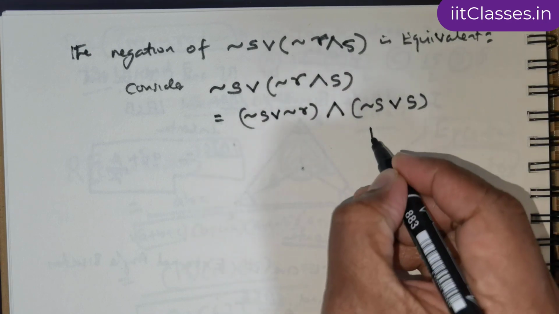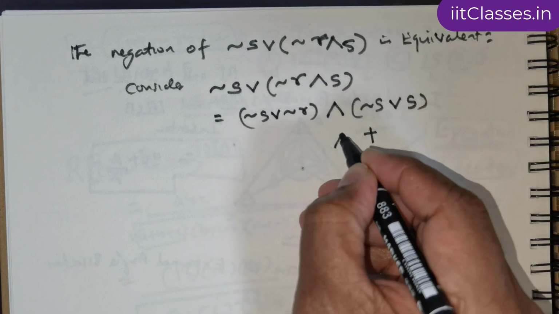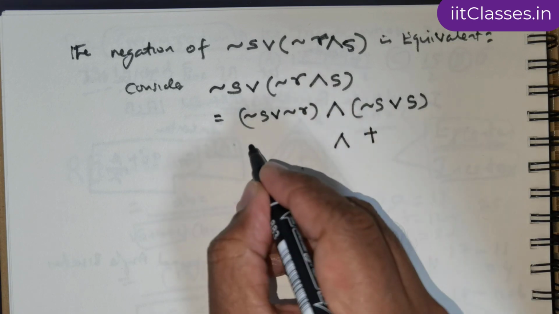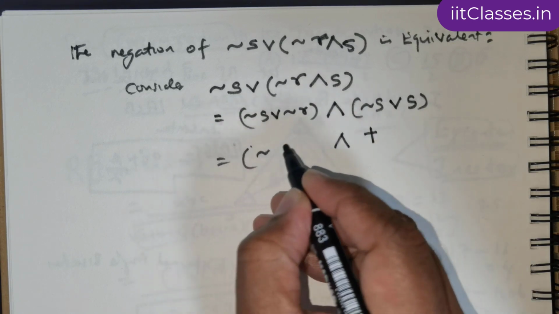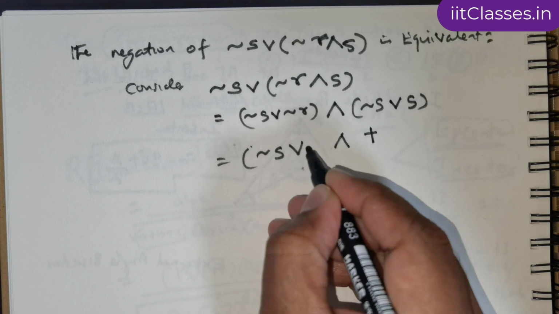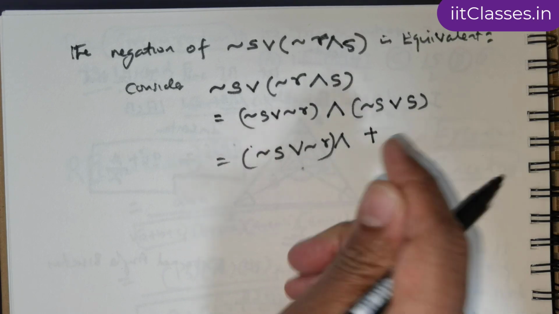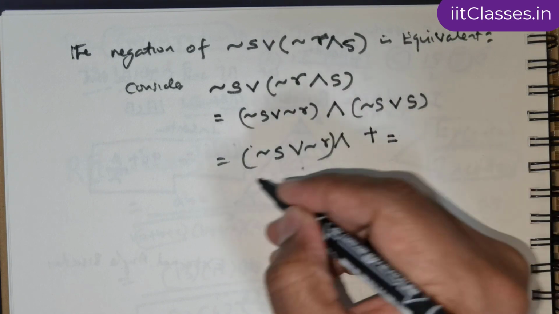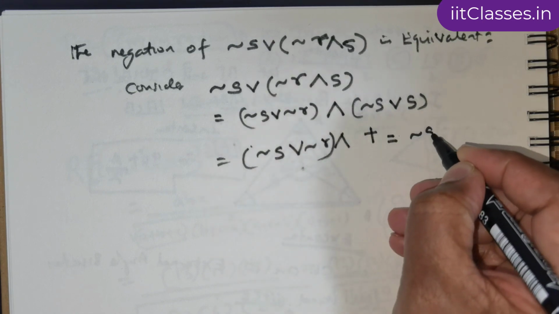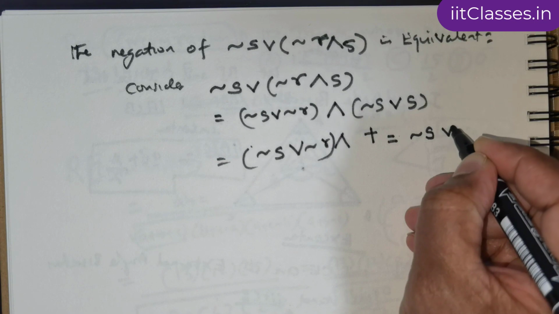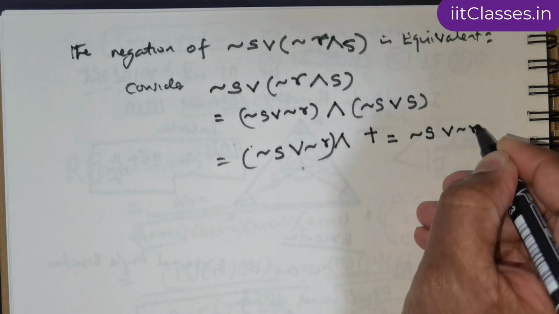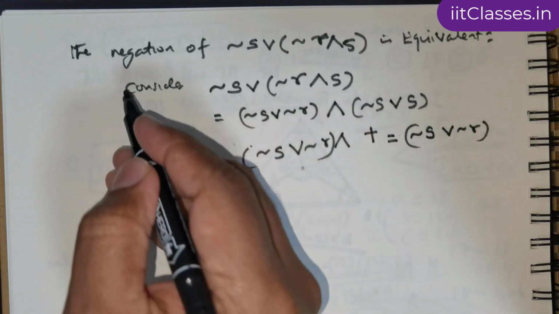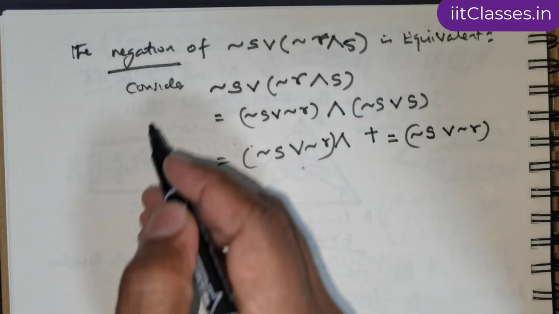This is a tautology. This is universal set T, and there is a conjunction with negation of S V negation of R. So we are performing an intersection with the universal set, so that would mean we would get back the set. So this is going to be negation of S disjunction negation of R.